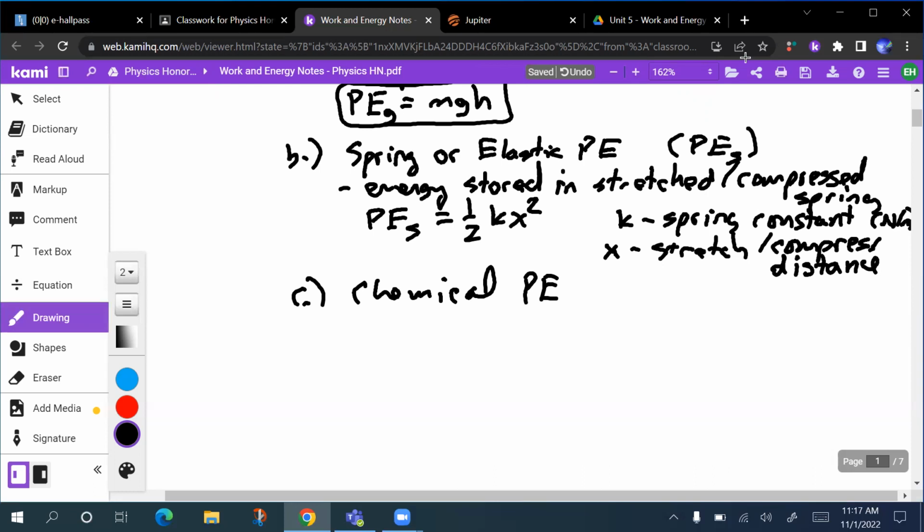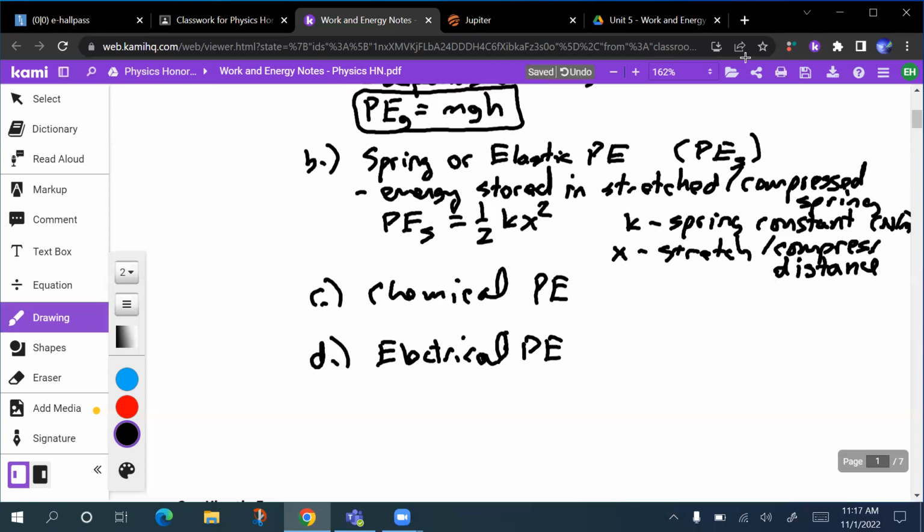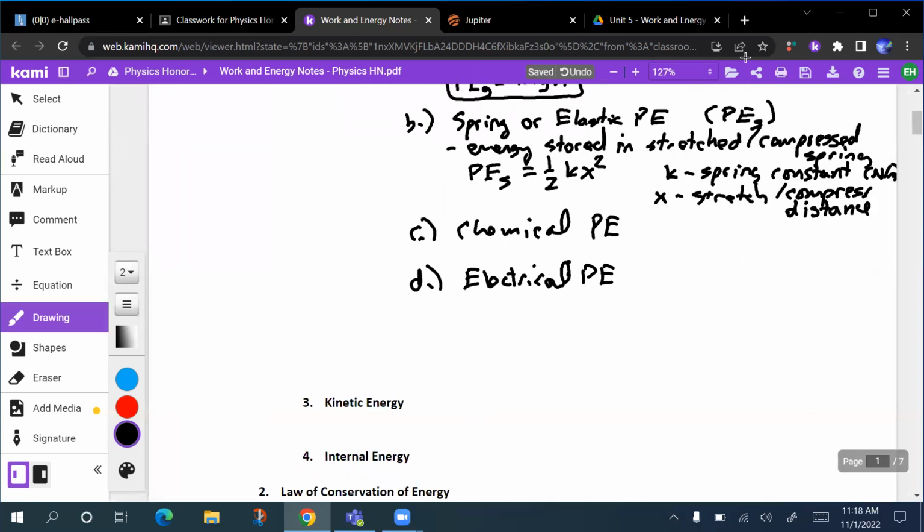So batteries convert chemical potential energy to electrical potential energy, okay, which is our fourth. And we'll be dealing with electrical potential energy next semester when we begin studying electricity concepts. Okay, so I'm going to hold off on those two.